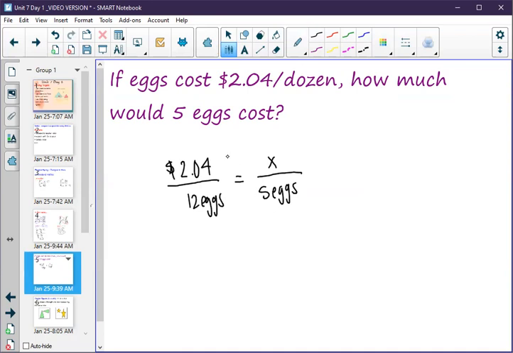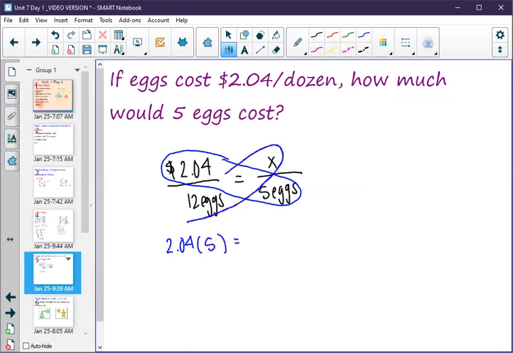Now that I have these numbers, I can use my method of cross multiplying. $2.04 times 5 is equal to 12x. On the left side, all I have is a number, and multiplying those out, I get $10.20 equals 12x.